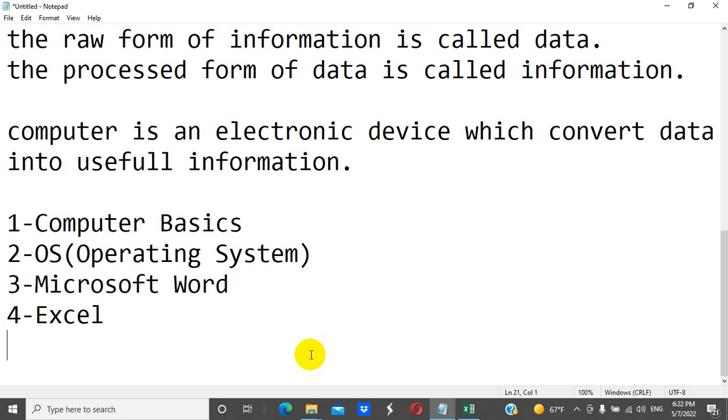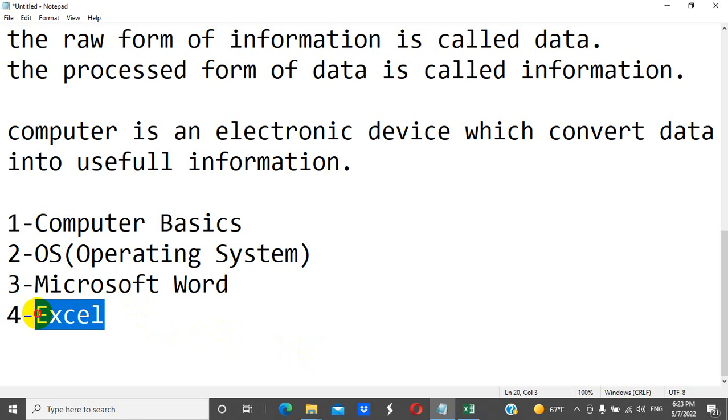And also we can create tables, pivot tables, data analysis, diagrams, charts, and everything we need for calculation. Microsoft Excel is one of the Microsoft products which is used for high calculation by using functions and formulas. Using functions and formulas we will be able to calculate any complex or basic calculations.